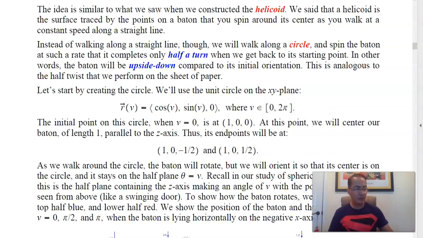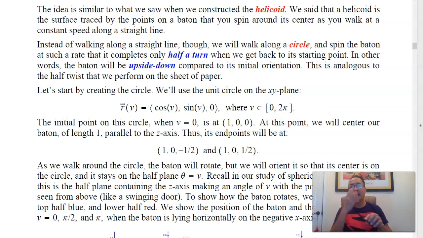Remember when we created the helicoid? We basically walked on a helix, and as we walked, we carried a baton and it turned around with us. I said you can make one by walking on a straight line, and then you turn the baton as you walk.